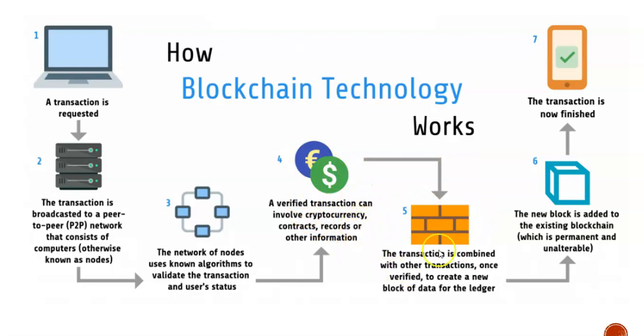Once the transactions are verified, all the transactions are combined, and a new block will be created, and this new block will be added to the existing blockchain, and now it becomes permanent and you cannot change it. So it becomes immutable, and only once it has been added to the blockchain will the transaction be termed complete, or we can say it will be changed into a confirmed transaction.